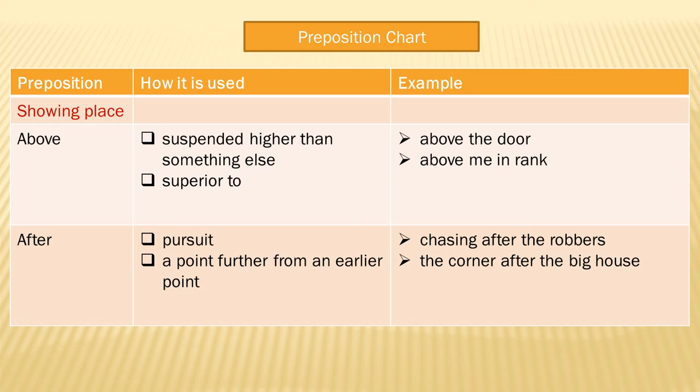After is used for two meanings: pursuit, or a point further from an earlier point. Pursuit, chasing after the robbers. A point further from an earlier point: the corner after the big house. There is a corner after the big house. Next slide.